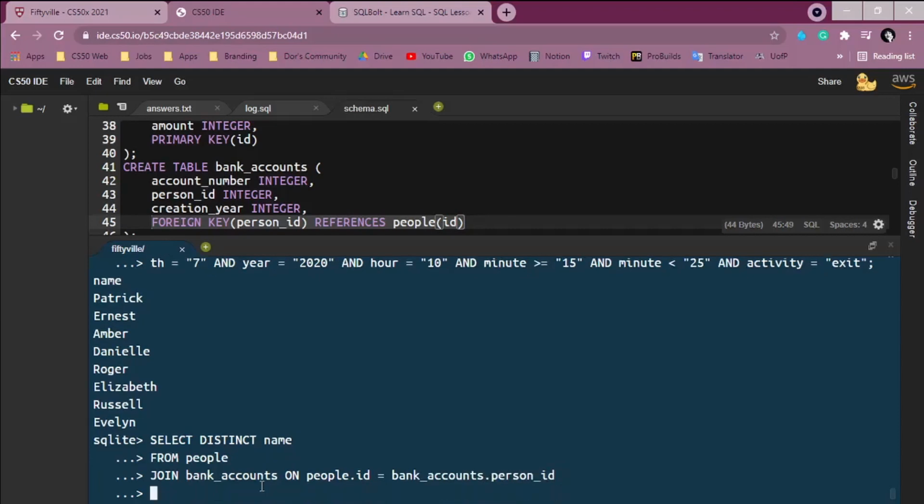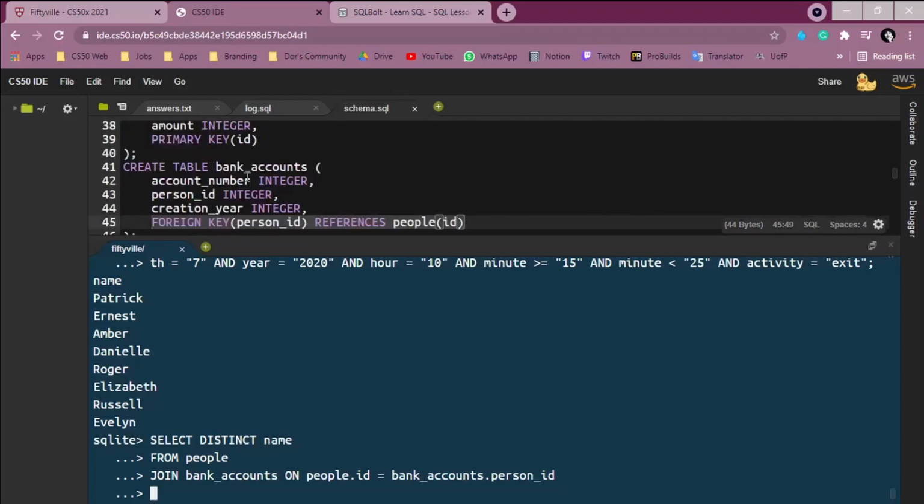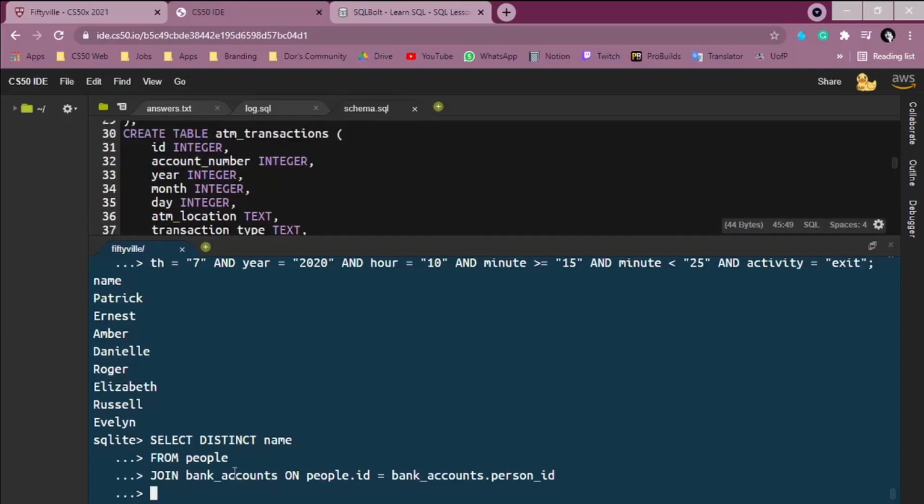And then we're going to do another join, between the bank account and the ATM transaction. How can we do this? Because both of them have the account number. So this is going to be our relation. So join ATM transactions on bank accounts dot account number equals ATM transactions dot account underscore number. And with this we can do the join.